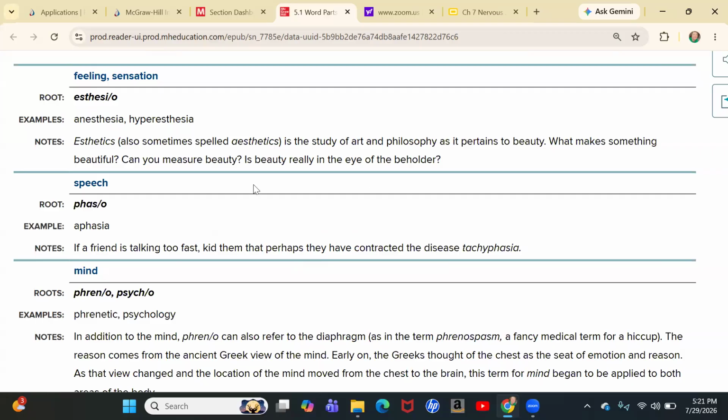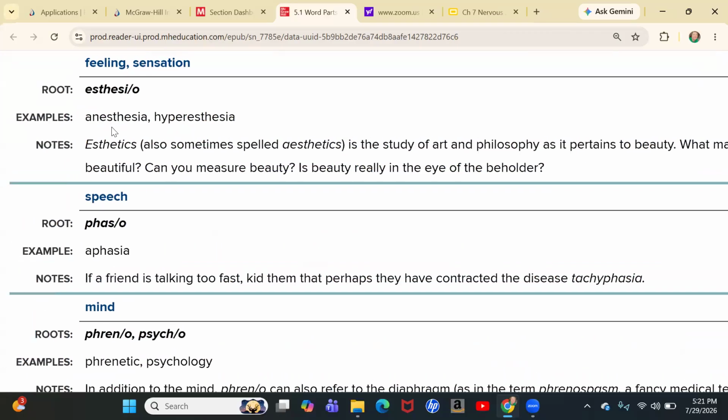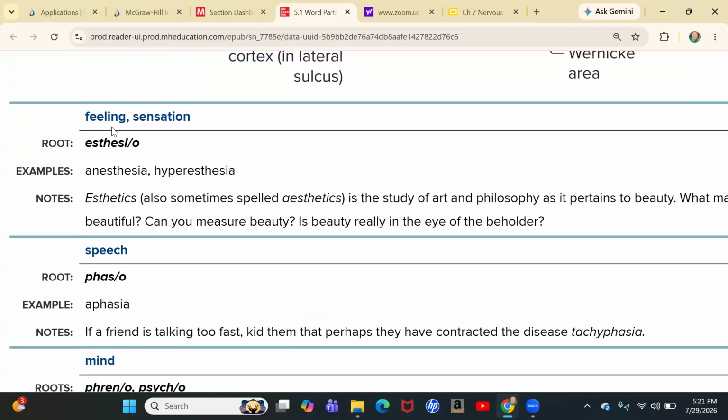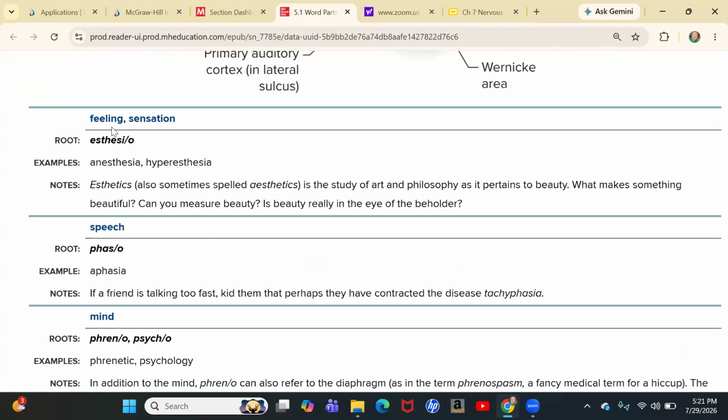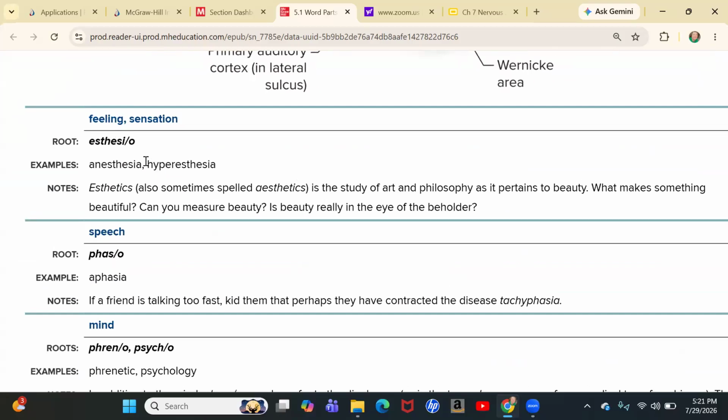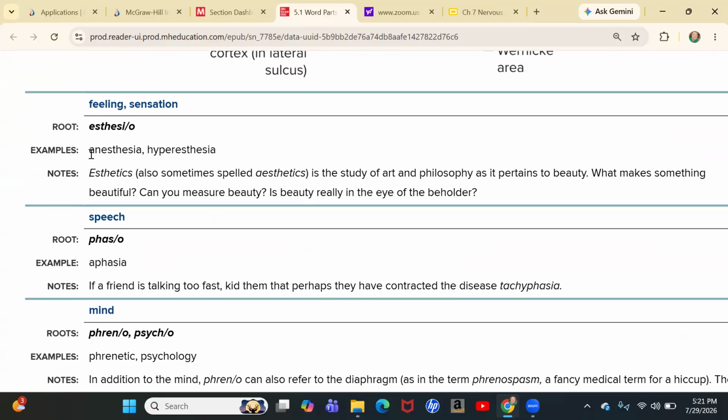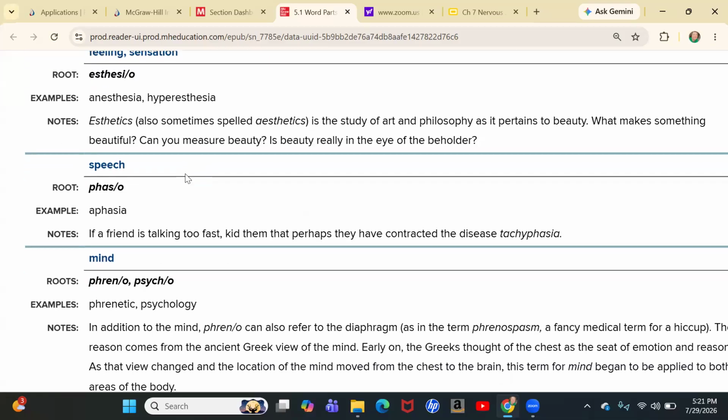So esthesio here, esthetics, sometimes called anesthetics or aesthetics. It is your sensation of feeling. So an anesthesiologist or anesthesia, remember the prefix "an" takes away that feeling.